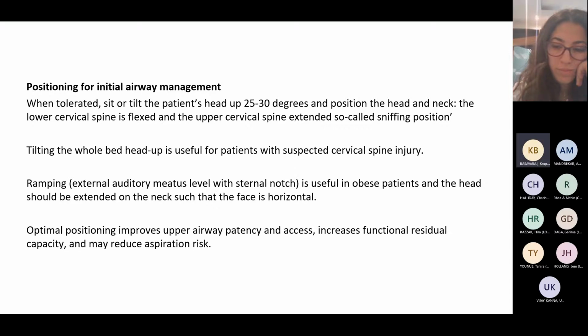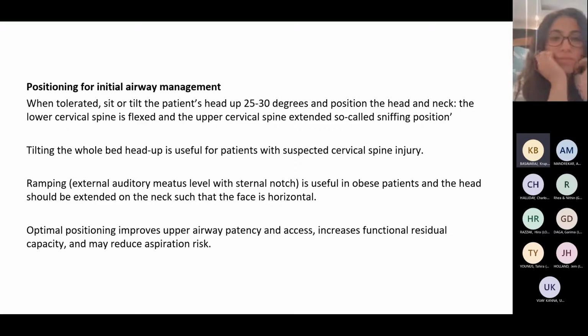Ideally, yes, we did discuss the sniffing air position, and in terms of cervical spine injury, you can have a whole bed which can be tilted up. In obese patients, stacking of the pillows to get the external auditory meatus to the sternal notch in alignment would aid it. Optimal position improves upper airway patency and access, increases the FRC, and may reduce aspiration risk.